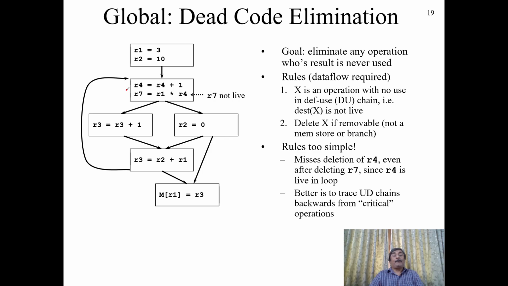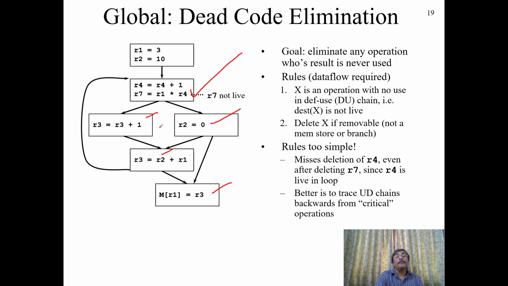Next comes, we are done with the local code optimizations. Now we'll be talking about global code optimizations, and naturally, I have to show you all the blocks. I have to show you all the blocks, that they may have a meaning, they may not have a meaning. Don't worry about that. First, the dead code. Taking the cue of the previous slide, I can say, look, R7 is defined here. Is R7 used here, here, here, here? Anywhere R7 is used? R7 is not used.